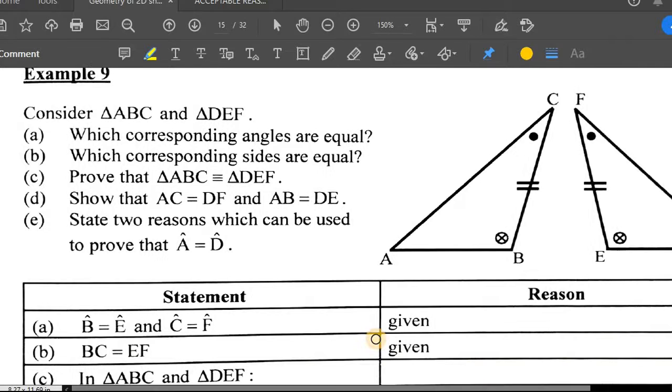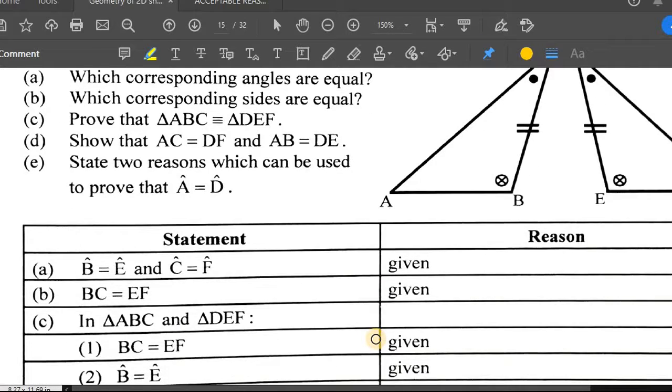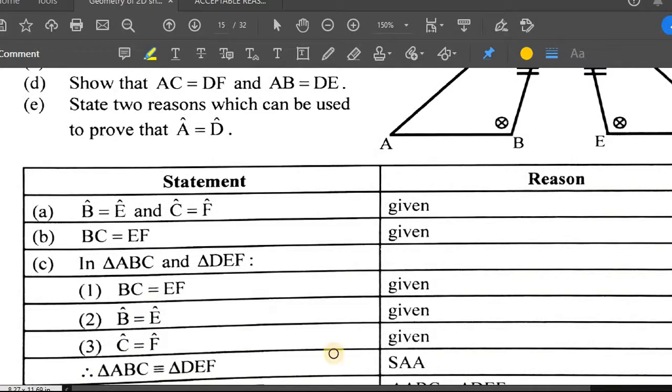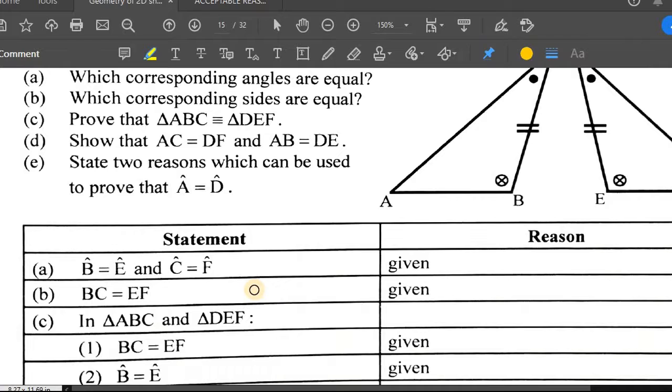All of that is given down here. They ask you which corresponding angles are equal. BC is equal to EF, and because of that, we got our side, angle. Watch the wording. Let's look at D.